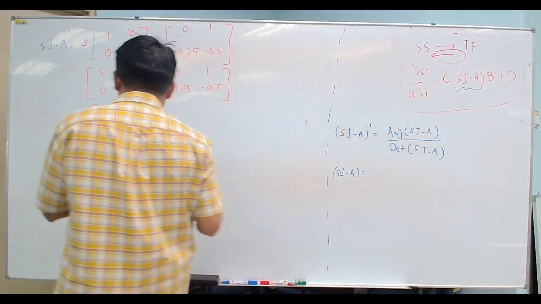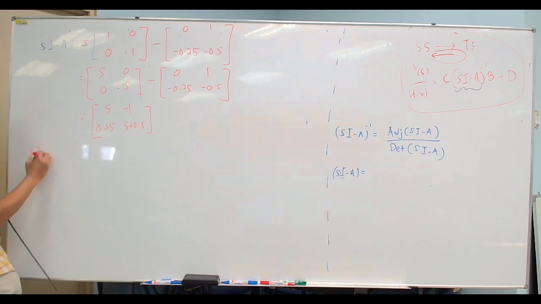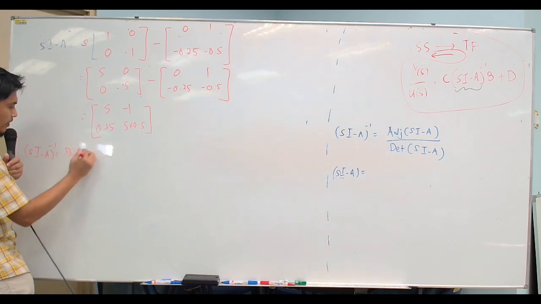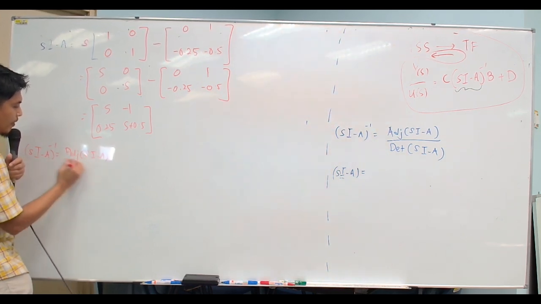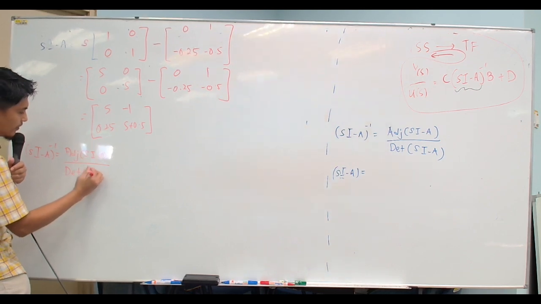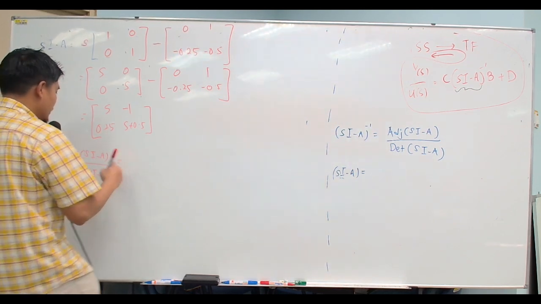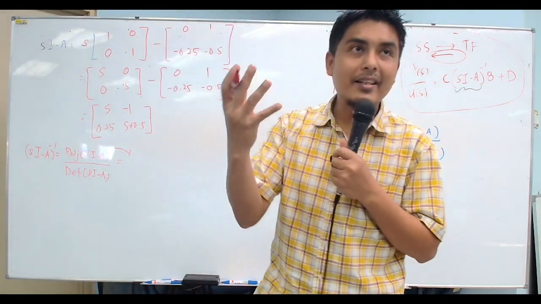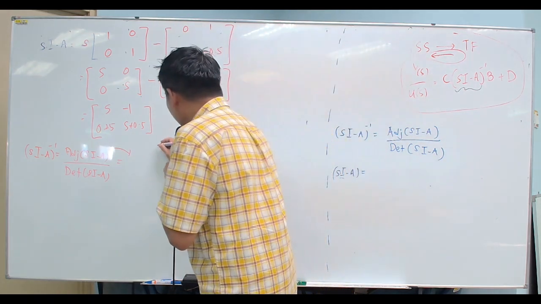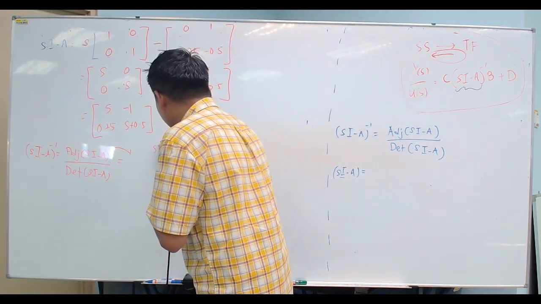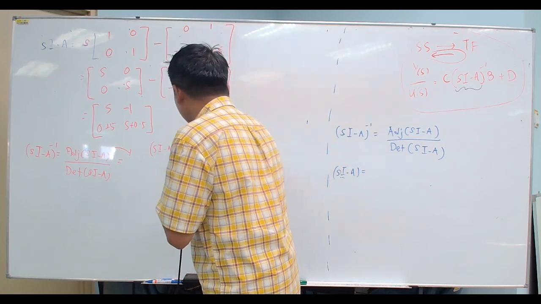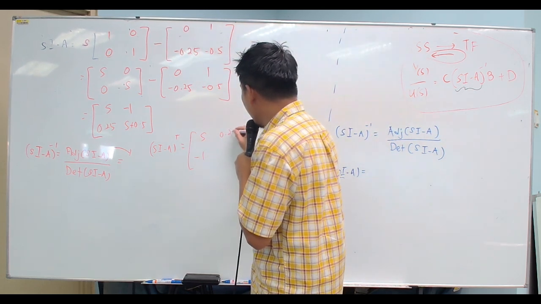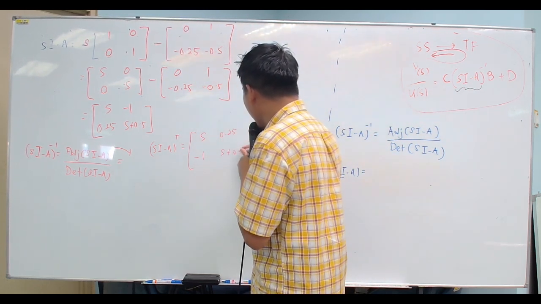To get (sI minus A) inverse, you need to use adjoint (sI minus A) divided by determinant of (sI minus A). So for the adjoint of sI minus A, you use the 3T technique. Firstly, transpose. For sI minus A transpose, you get s, negative 1, 0.25, and s plus 0.5.